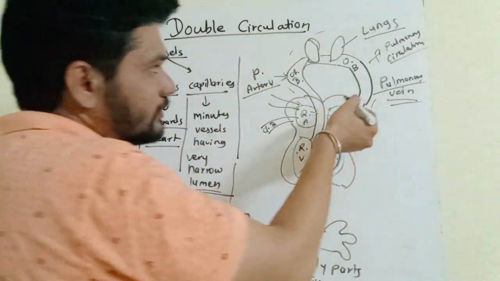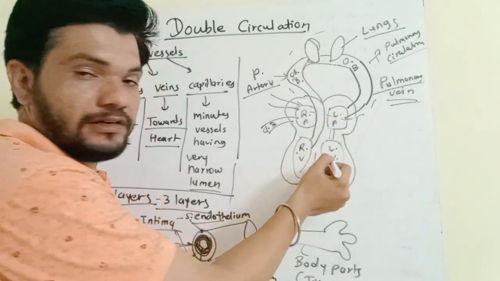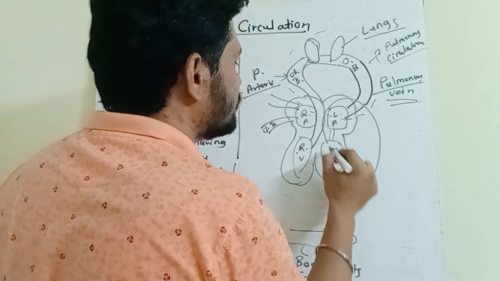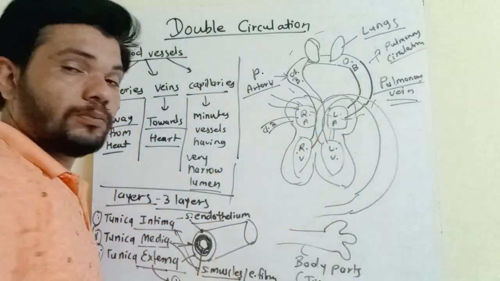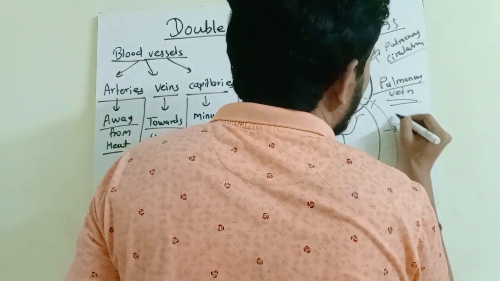Then we all know that oxygenated blood from the left atrium is transported to the left ventricle, and from the left ventricle it is transported to the body parts with the help of the aorta.